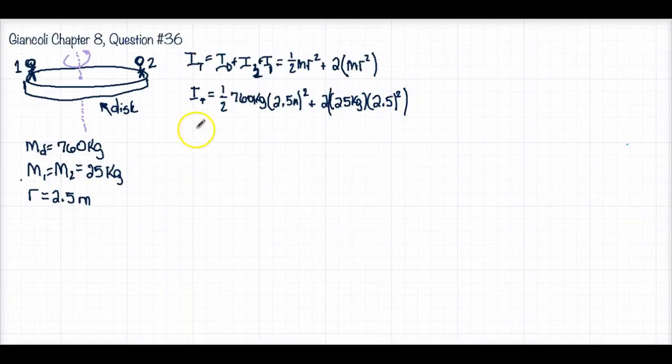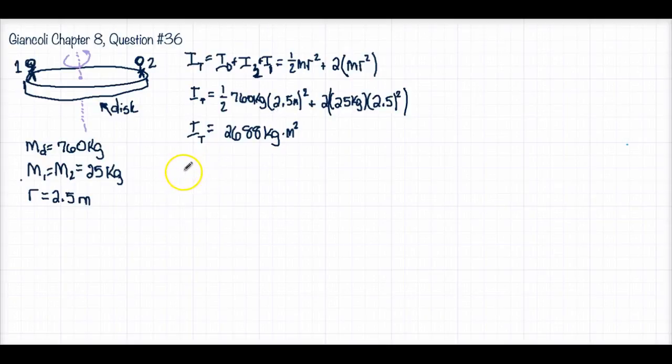When I do that, I get a total moment of inertia of 2,688, and the units for moment of inertia are kilogram meters squared. So now I have the moment of inertia of the entire system.